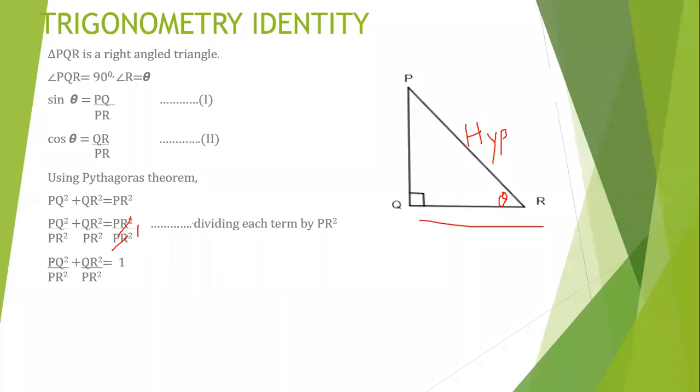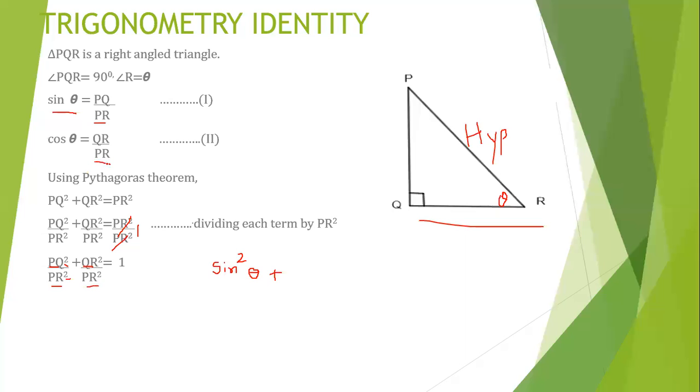Now, here we got PQ square upon PR square. Now look at only PQ upon PR. PQ upon PR is nothing but sine theta, right? So from this, we can conclude that sine, here we have square, right? So I'm writing sine square theta plus, here we have QR upon PR.